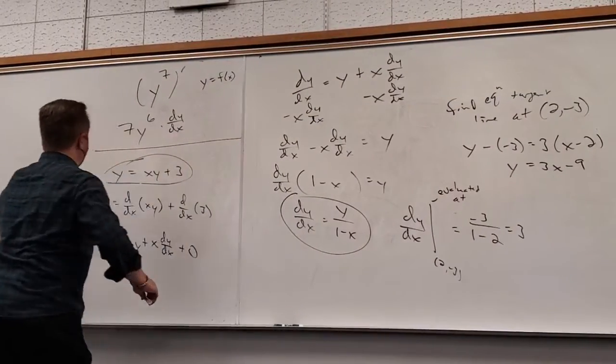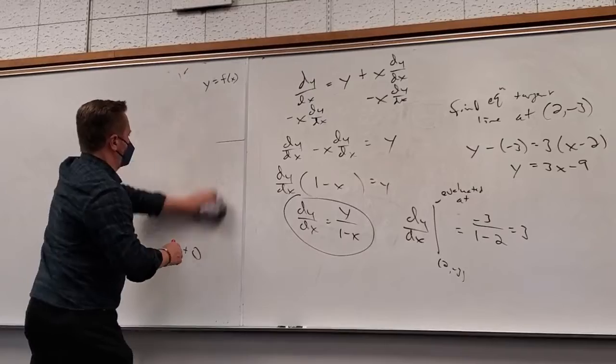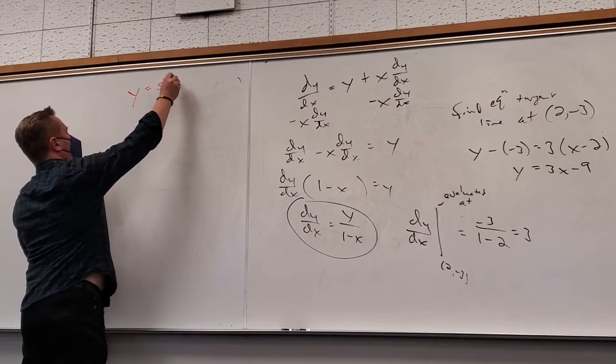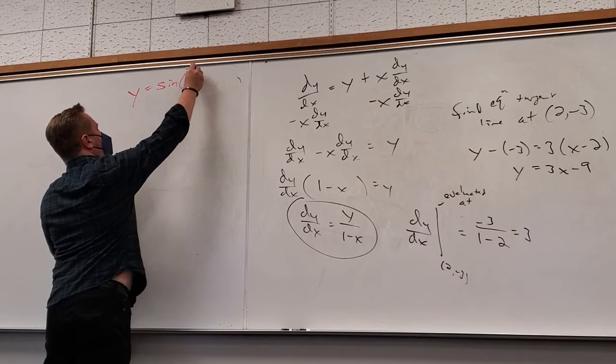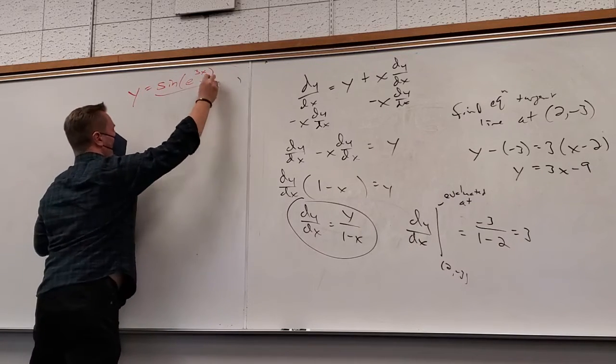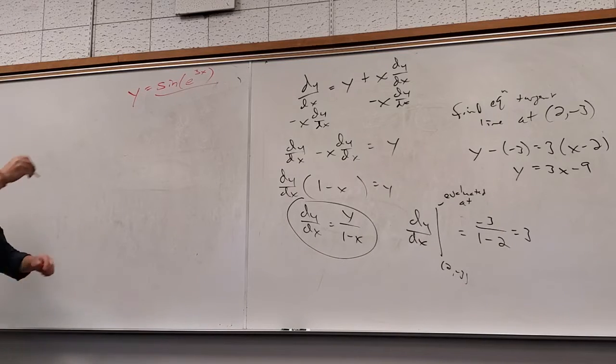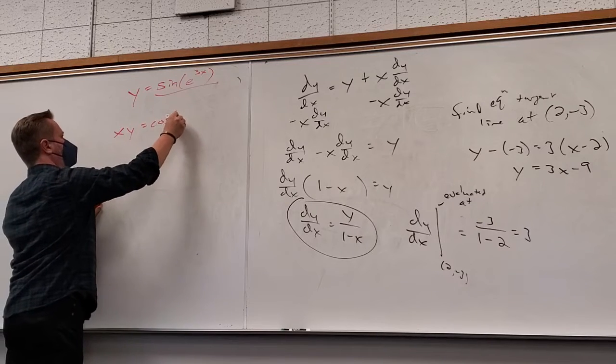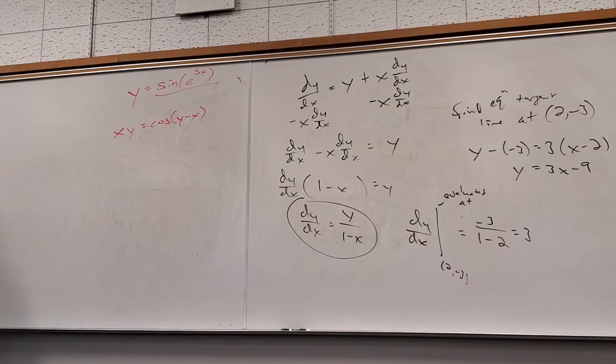So if I give you this, that is an explicit function of x. But if I give you this, do you know what y is? Can you solve for y? Can you get y to be explicitly some function of x? No. So this is implicitly a function of x.